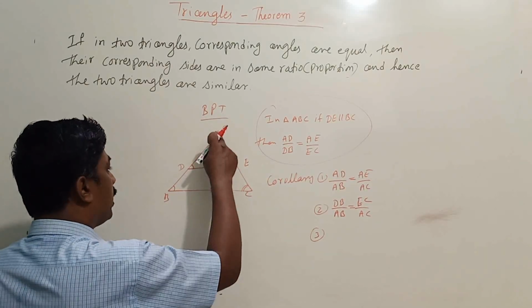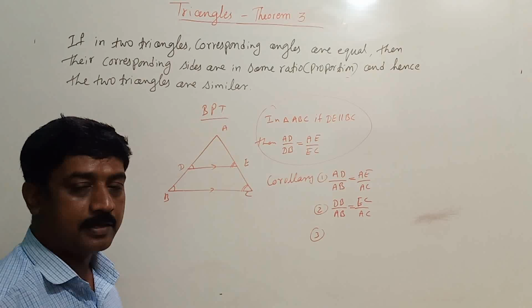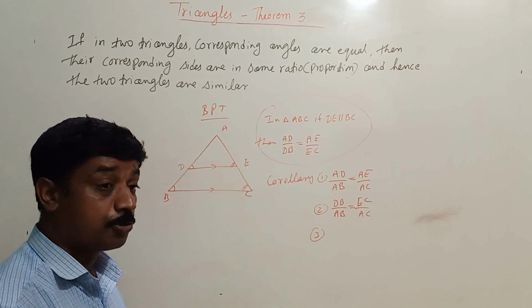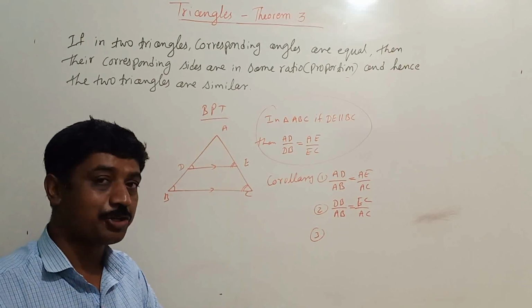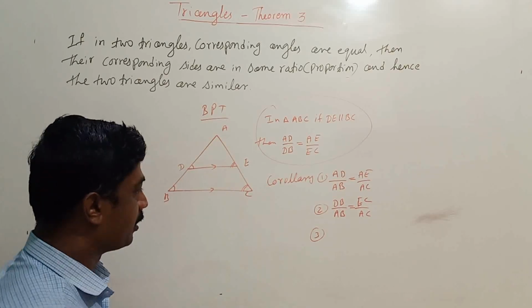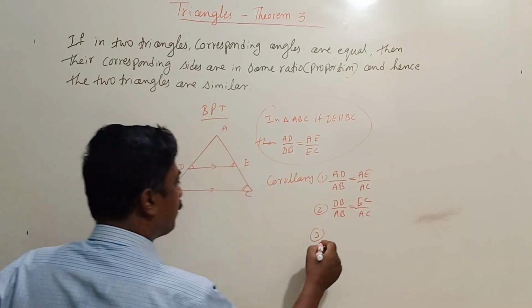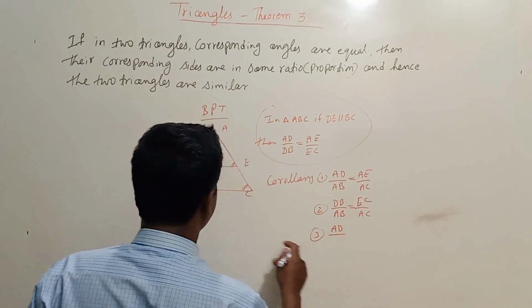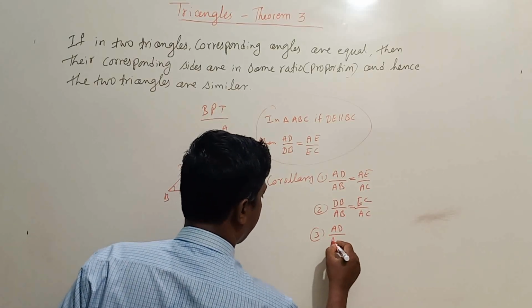So therefore, ADE is similar to ABC by the AA similarity criterion. When the two triangles are similar, you can take the corresponding sides in the same ratio. Yes or no? I'm going to do that now. See, this smaller triangle and bigger triangle. AD, smaller triangle side, by AB, bigger triangle side. Okay?